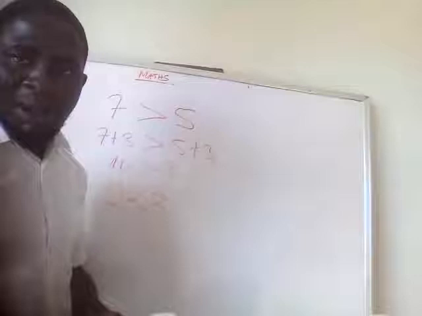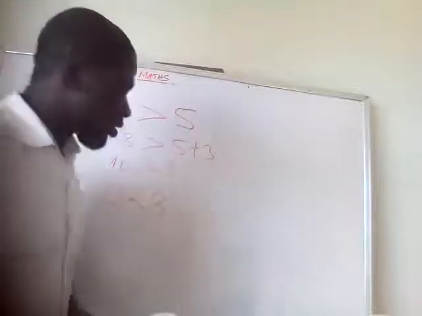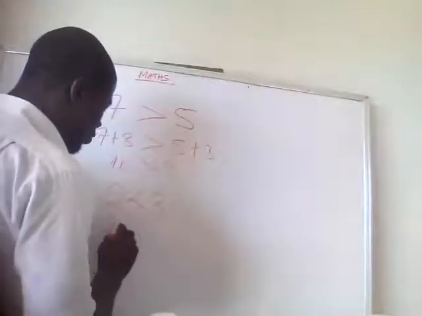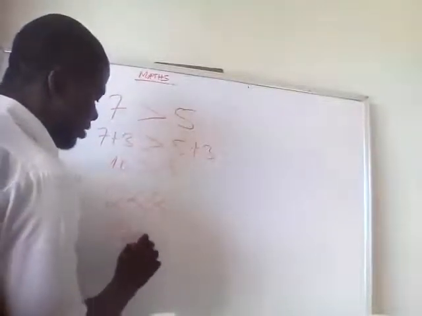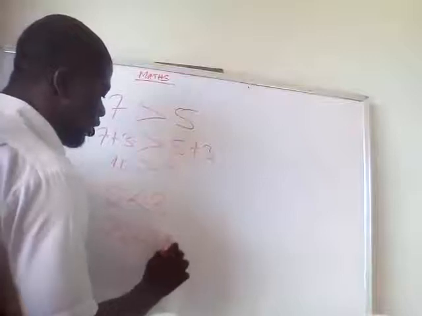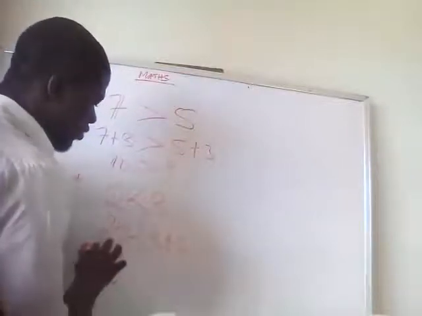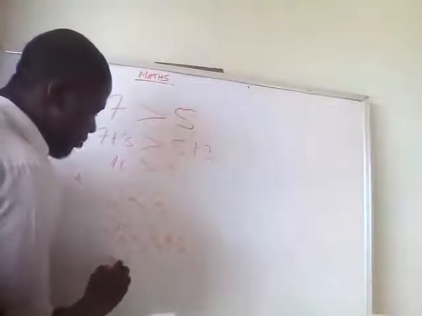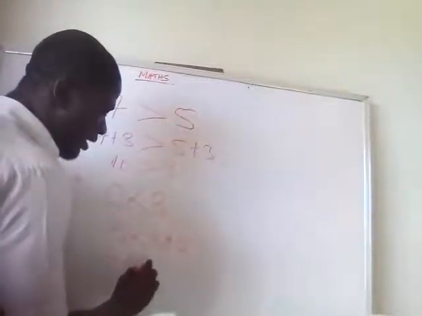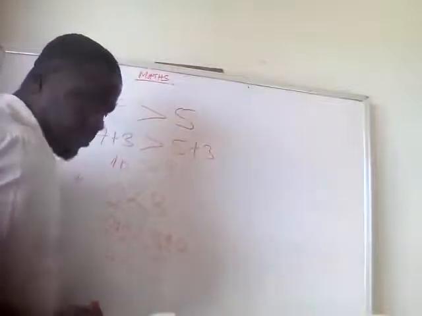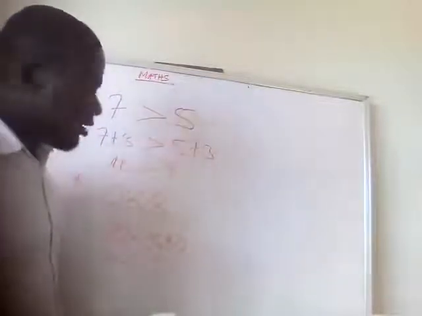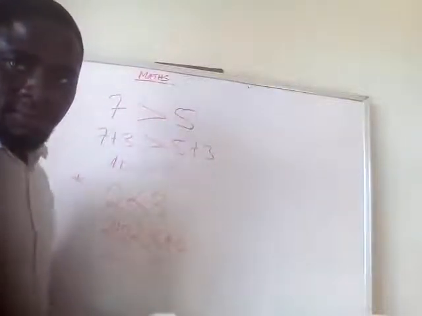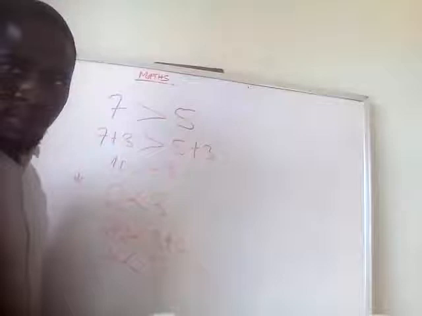You can use another number to test for it. So you have 2 plus 2 is less than 3 plus 2. So 4, what we mean by less than is that the number is smaller than what is at the right hand side. You understand? So you have 4 less than 5 is also true.